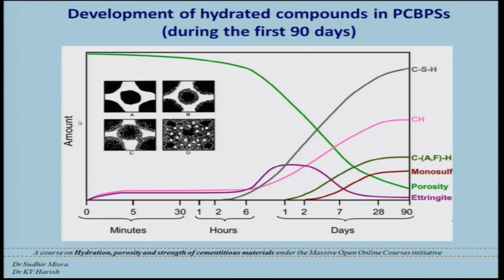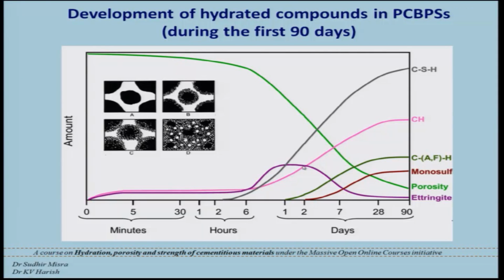If the water cement ratio changes, then these values also change, but remember that the trend will essentially be the same, in the sense that if the porosity is decreasing, the calcium silicate hydrate gel will increase, and calcium silicate hydrate gel will always be the maximum quantity within the hydrated compounds compared to the others. And what you also see until 90 days is that the calcium hydroxide also tends to increase very steeply.